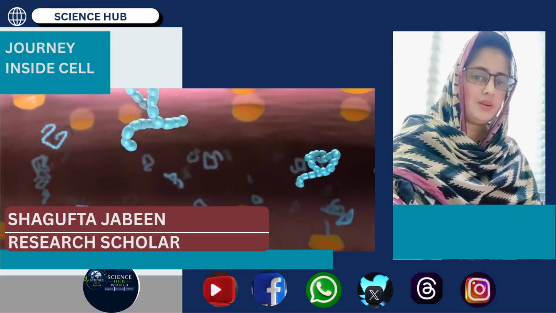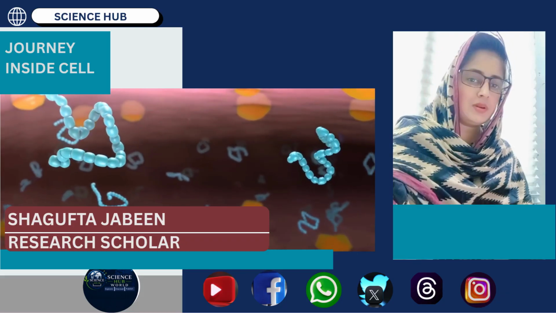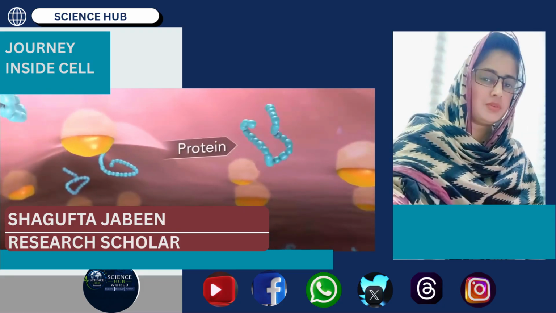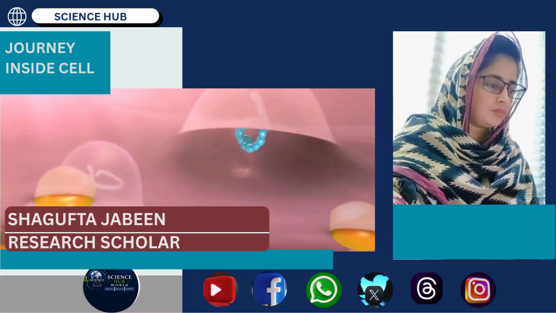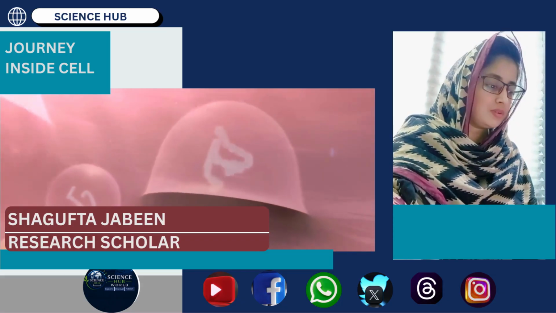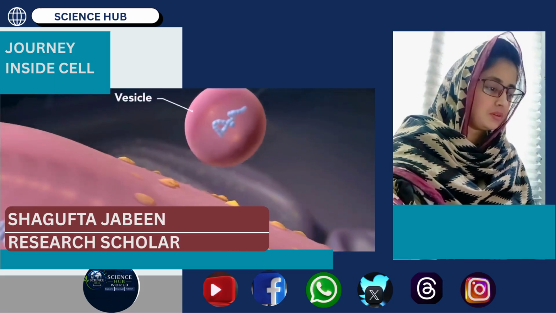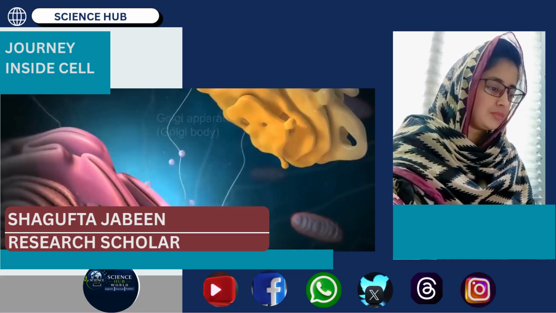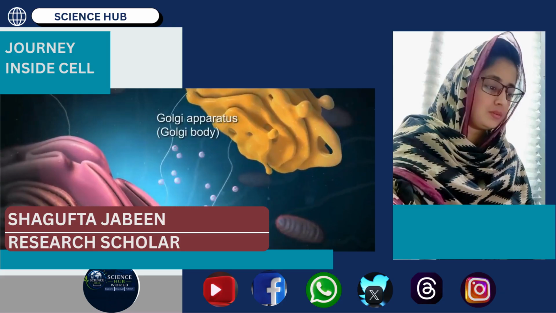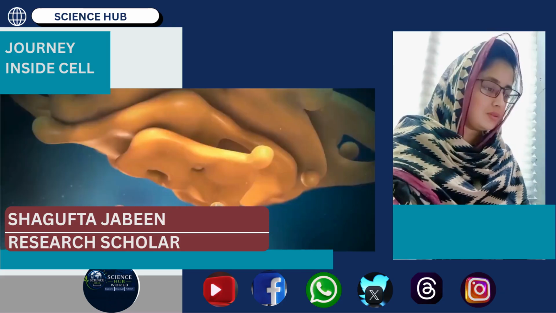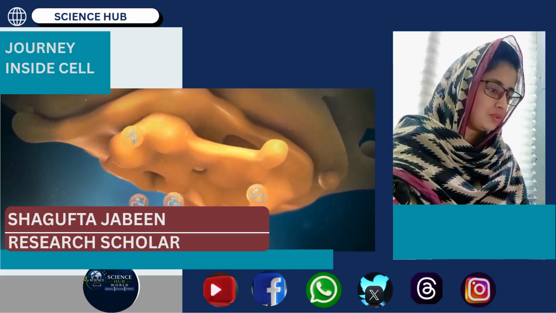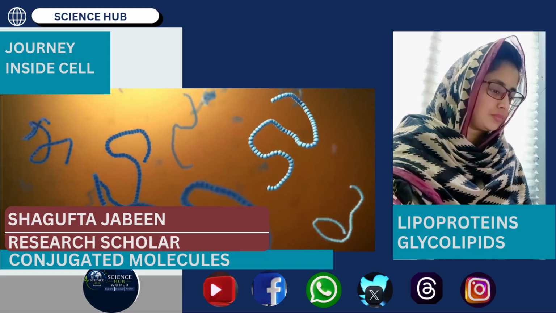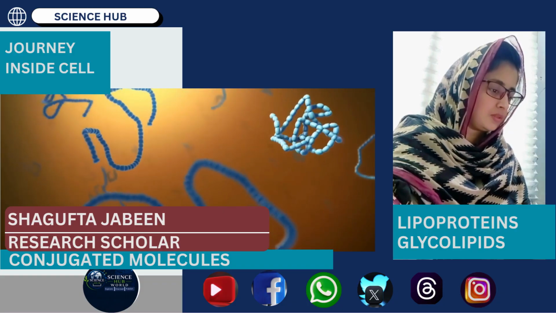The endoplasmic reticulum is a membrane, or we can say a channel system, which helps in different functions, like here you can see in the video. They help in transport of materials like proteins. Here you can see they manufacture some other materials.